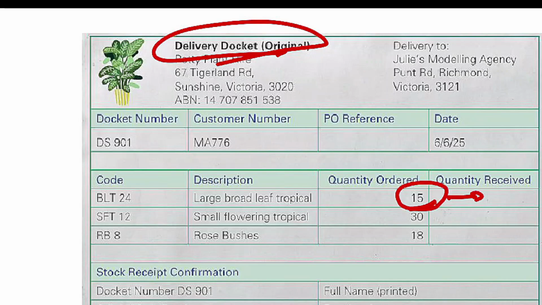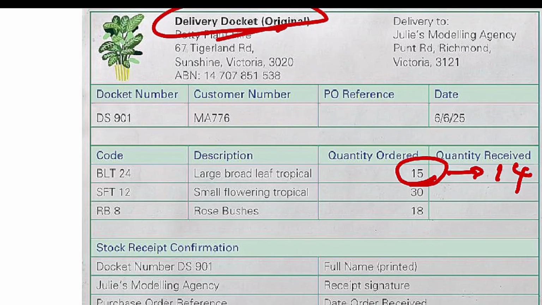Now they are sending us 14, but they are invoicing us for 15. Is it correct? We are overpaying. So then it's our duty, if in the future you become an accountant, to make sure that you tell them. These are practical things that you will do. So there is no double entry.